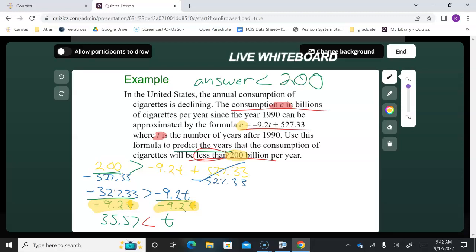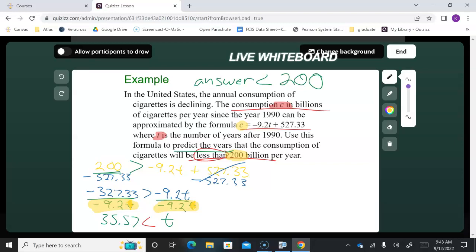Okay? So now I'm going to ask this question. I want you to think about it for 15 seconds before anyone answers. What year will the consumption be less than 200 billion?